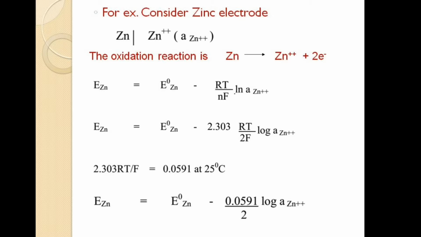Whereas at 25 degrees centigrade, this equation becomes E oxidation potential of zinc is equal to E0 oxidation potential of zinc minus 0.0591 upon 2 log to the base 10 activity of Zn2+ ion.